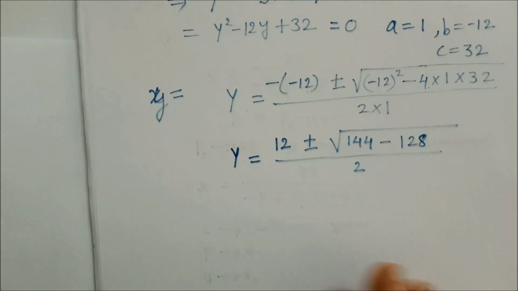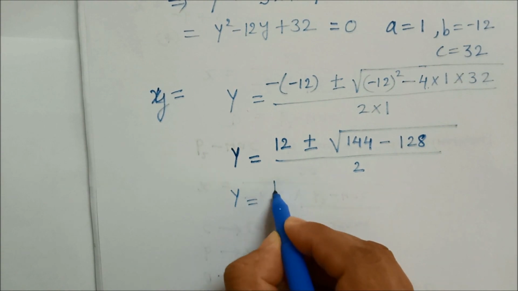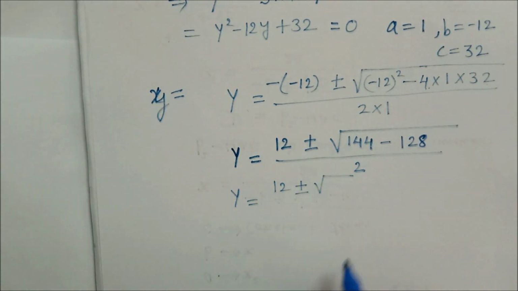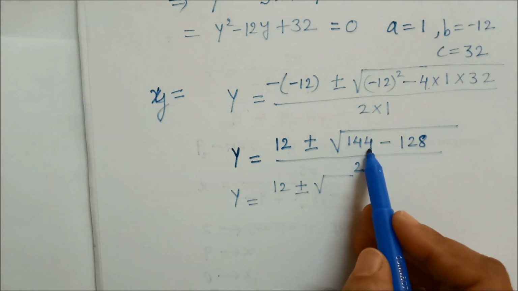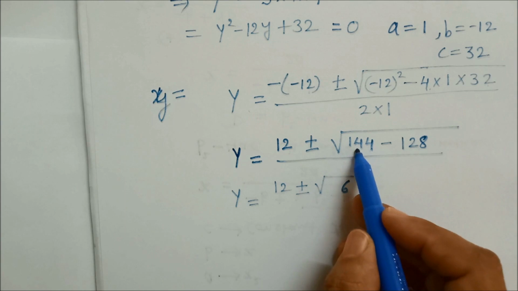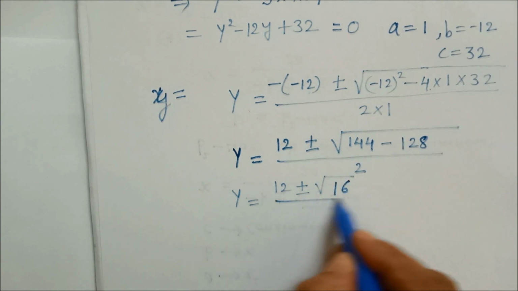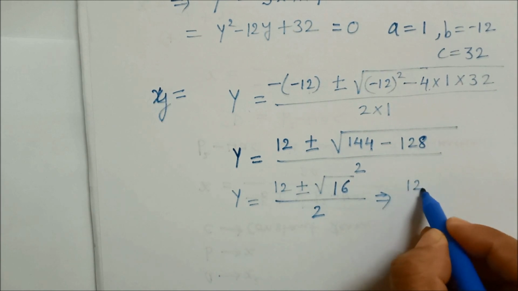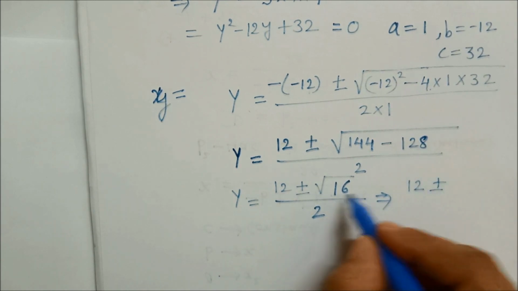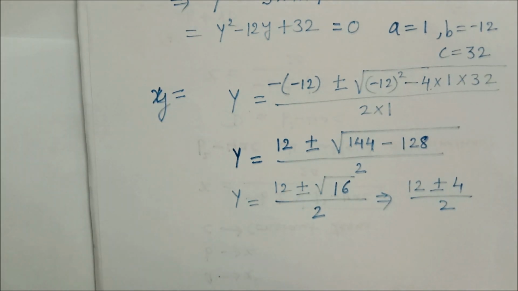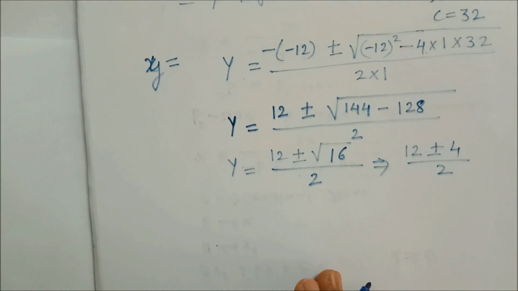Now we will simplify it. y is equal to 12 plus minus under root 144 minus 128. 14 minus 8 is 6, 3 minus 2 is 1, so 16 upon 2. We can write 12 plus minus under root 16, which is 4, upon 2. Now we will solve it for the plus sign and the minus sign.